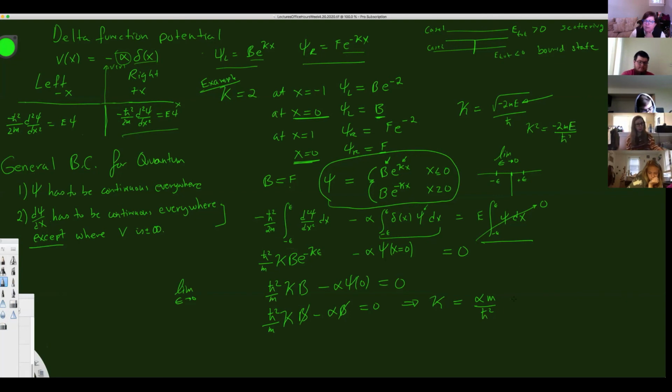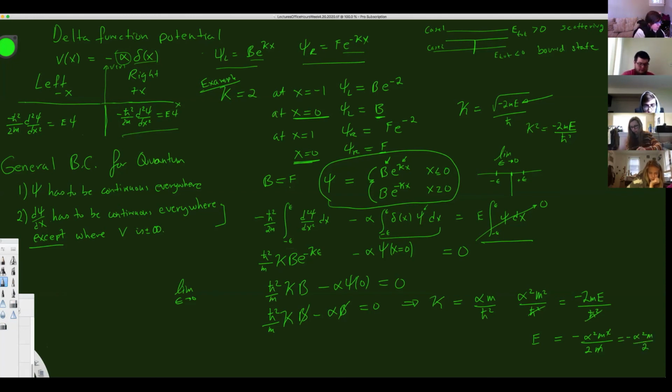Now I'll square kappa, so we have alpha squared m squared over h bar squared equal to minus 2mE over h bar squared. The h bars go away, and we get E is equal to minus alpha squared m squared over 2m. So we get rid of one of those m's and end up with minus alpha squared m over 2.